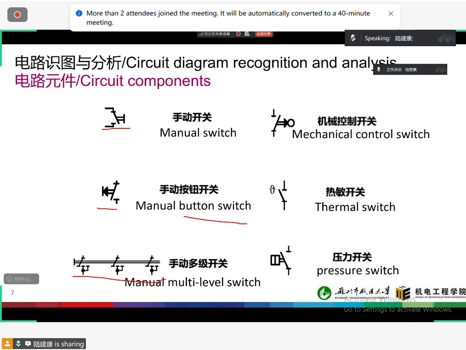So this is a multi-level switch. And this is a mechanical control switch. And this is a thermal switch. And this is a pressure switch. Normally in vehicles, we use this manual switch, manual button switch, and this one. They are normally used in diagrams.